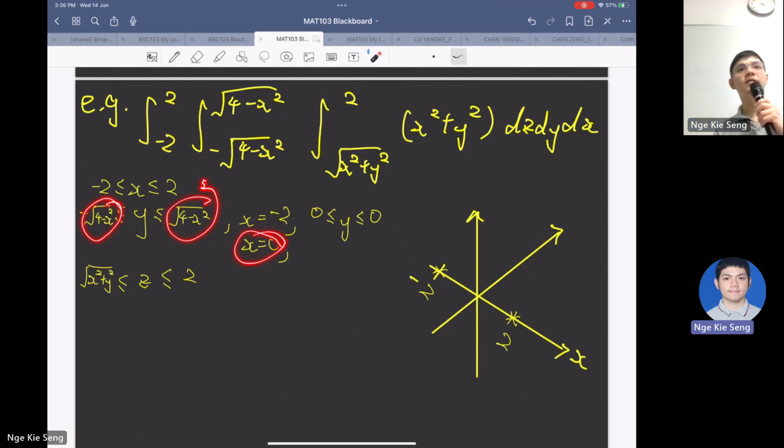What do you get for the bound of y? So when x equals 0, y is bounded below by -2 and bounded above by 2. So when x equals 0, you get the cross section from -2 to 2.